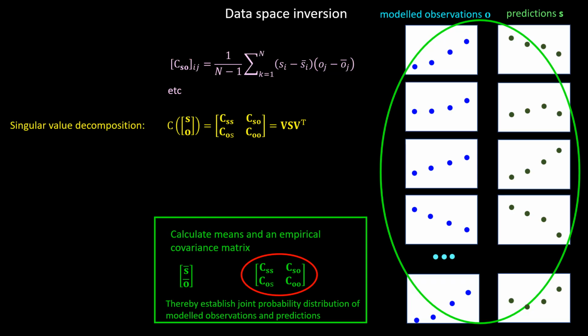Now we do things a little differently. Once we have our empirical covariance matrix, we subject that matrix to singular value decomposition. Having done that, we take the square root of the covariance matrix that links the past to the future.